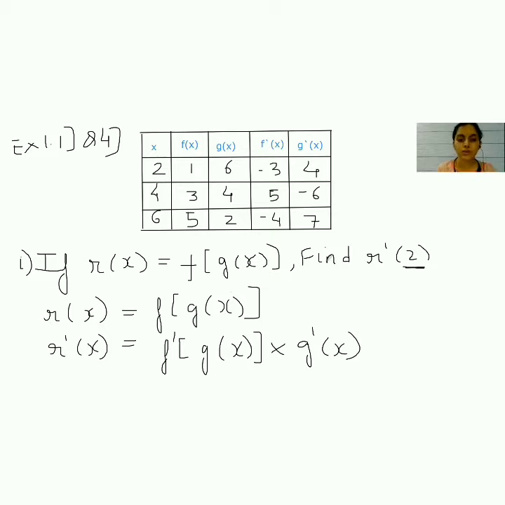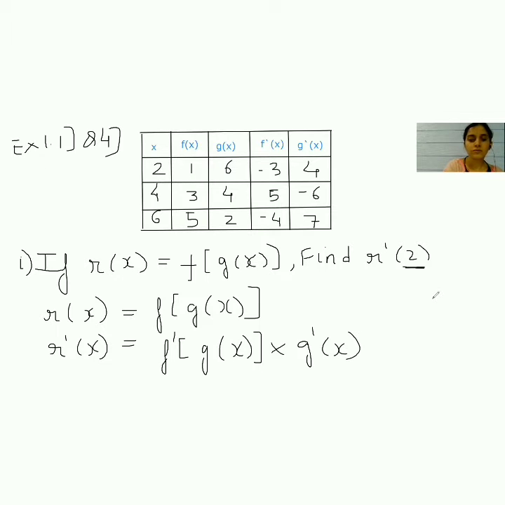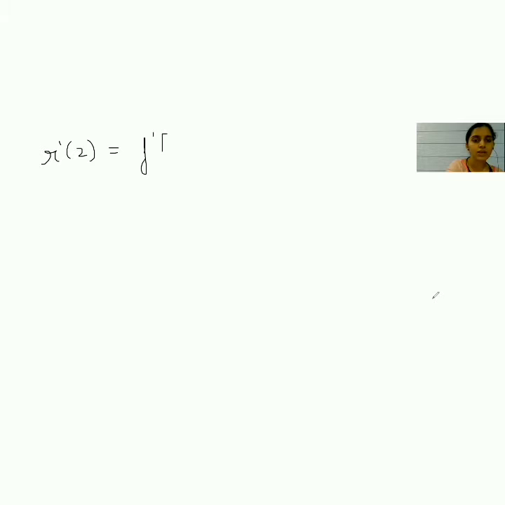It is 2. So everywhere we have x, we put 2. So r dash of 2 is equal to f dash of g of 2 multiplied by g dash of 2.